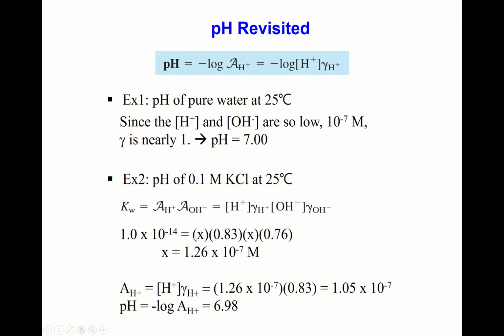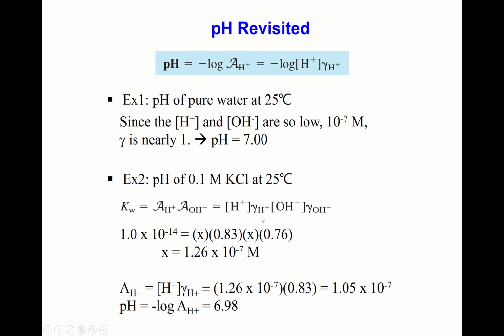Then from this equation we calculate the molar concentration of protons and hydroxide ions, which is 1.26 times 10 to the minus 7 molar. One thing to keep in mind is that the Kw value is always constant, and only this part is changing.